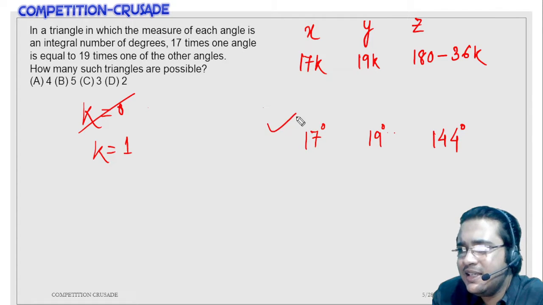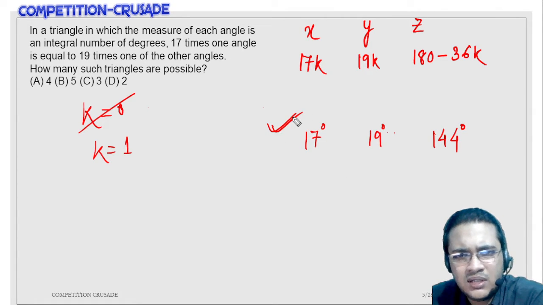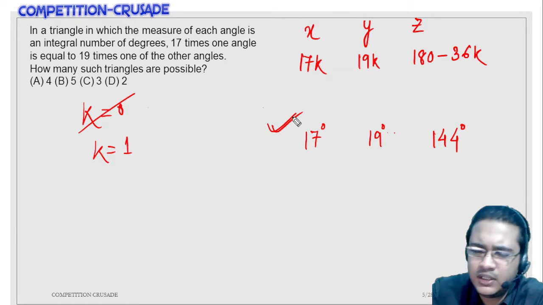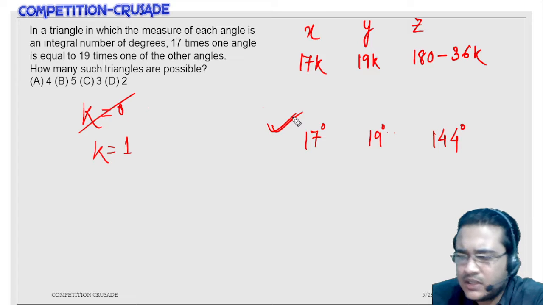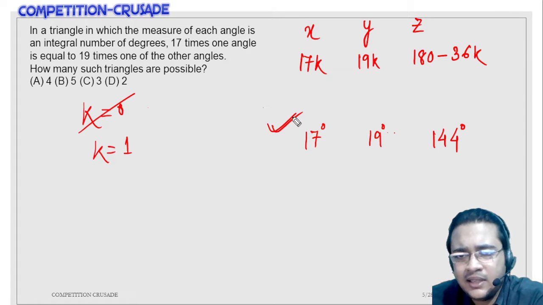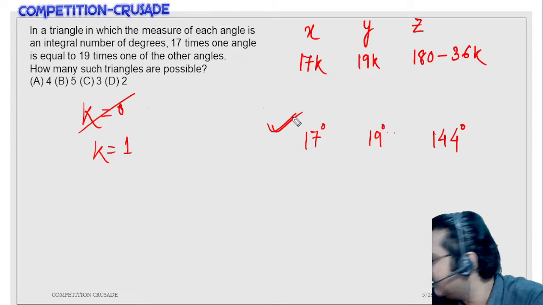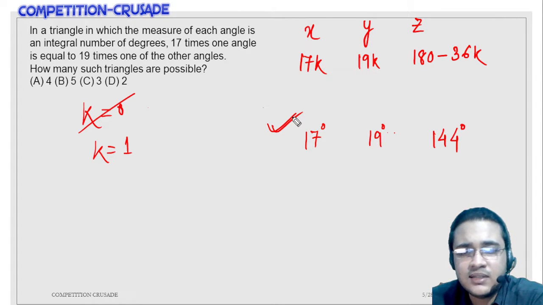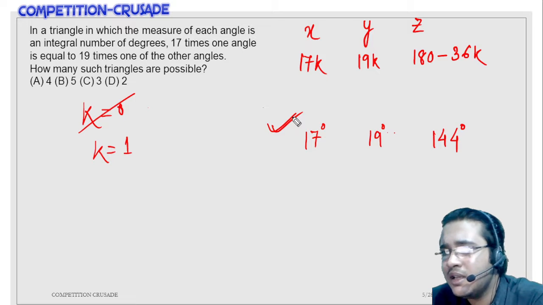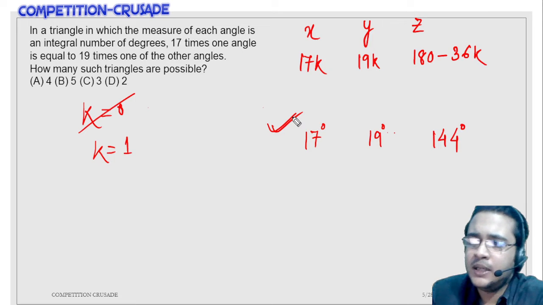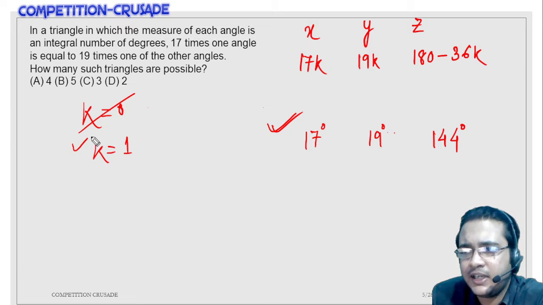Is this triangle allowed? Can I have a triangle with 17 degree, 19 degree, and 144 degree? Of course. The sum of the three angles should add up to 180 degrees. The only constraint that I have is that the sum has to be 180 degrees. Other than that, there is no constraint. So this will work, and this is one of my triangles.